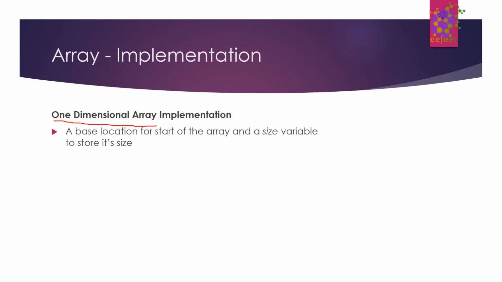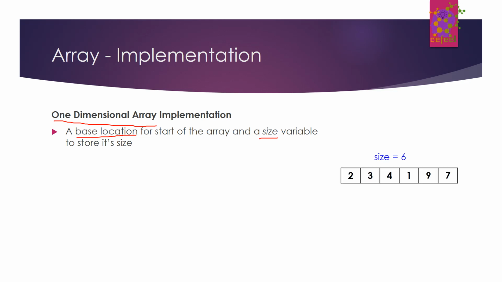Basically an array is defined by a base location, which means the location where the array starts, the first memory location, and then a size variable. That's all we need to define an array. We need a memory location and then the size, how many elements the array contains. Then we can access any element of the array. We know the boundaries, we know the starting location.